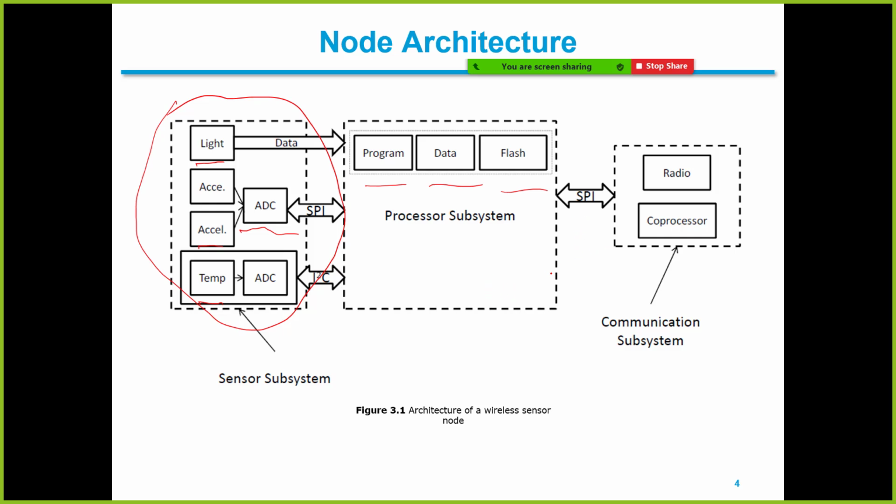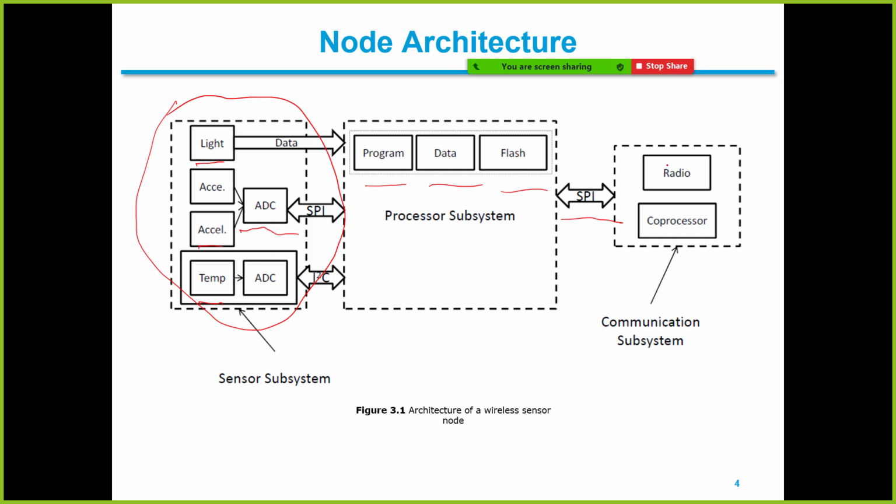Between the processor subsystem and the communication subsystem, they need to exchange data. That is done through SPI, and the data is sent to the communication subsystem.